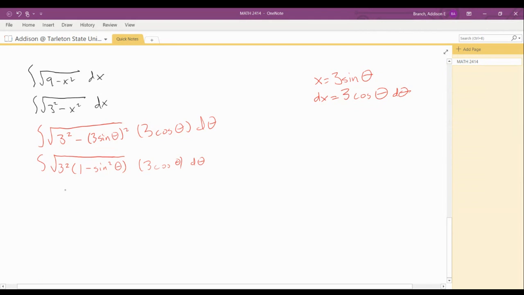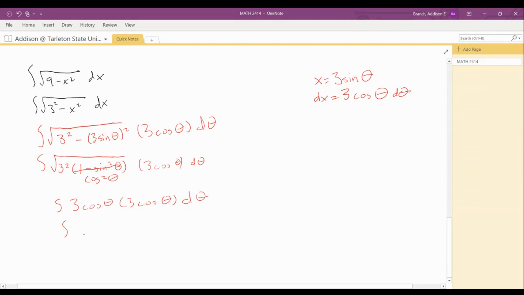All right, so now we can substitute in a cosine squared right here. If we take the square root of our 3 squared cosine squared of theta, we're going to get 3 cosine of theta times 3 cosine of theta d theta.